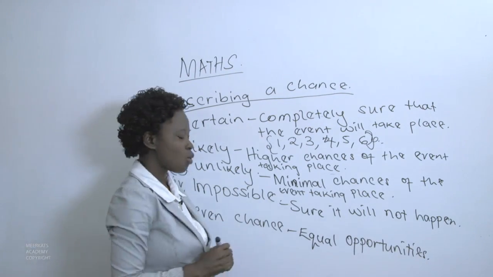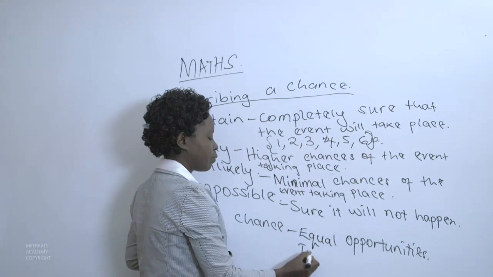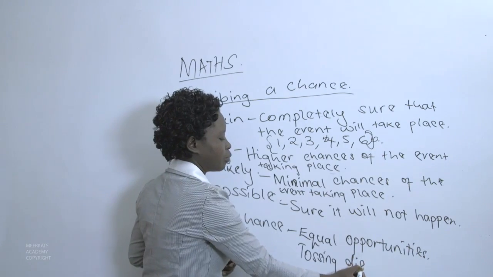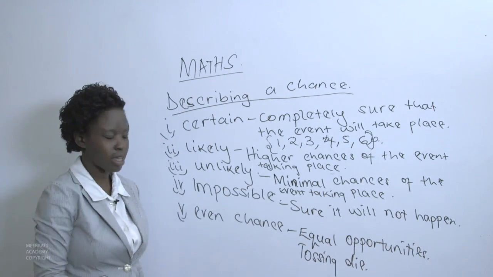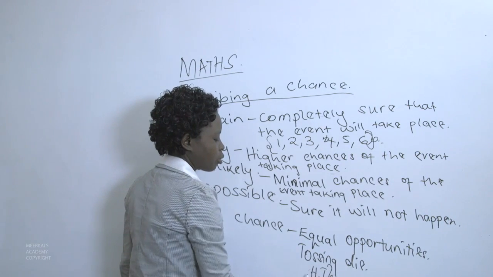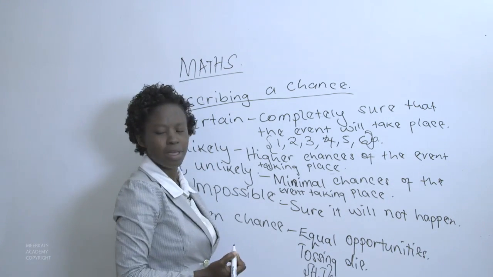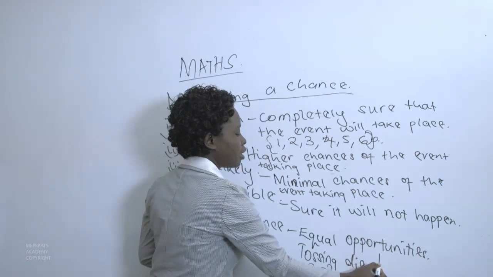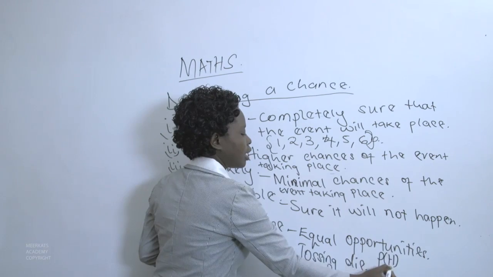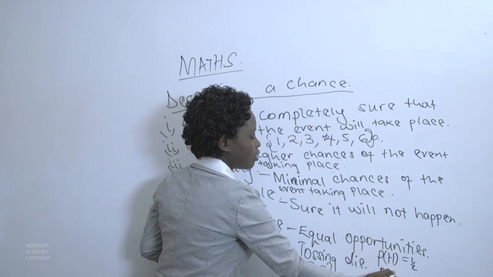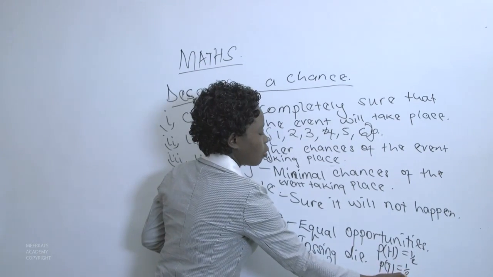For instance, when you are tossing a coin, a coin has two sides, the head and the tail. So when you are tossing a coin, the probability of getting a head is 1/2. Probability of getting a tail is also 1/2.